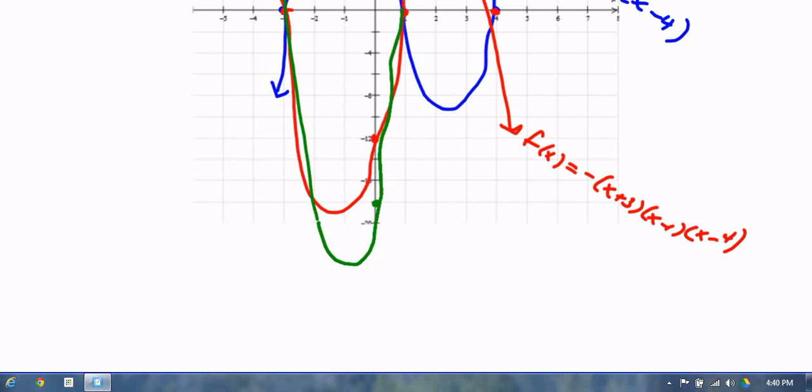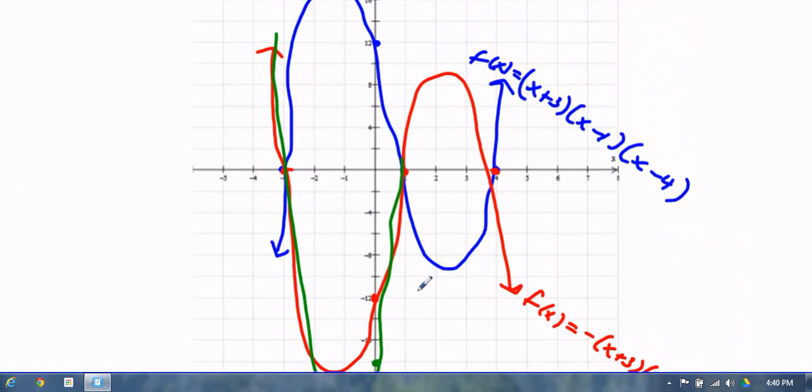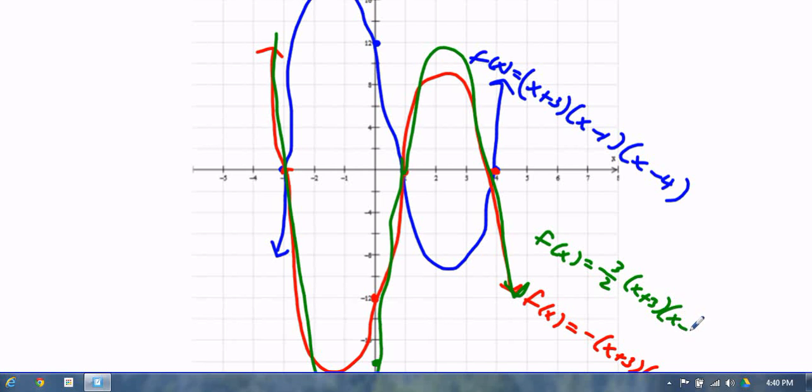Goodness gracious, that's supposed to be smooth. And then again, it may or may not look exactly the same. There we go. This one was f of x equals negative 3 halves x plus 3, x minus 1, x minus 4. And we've got negative 3, 0, one of our zeros.